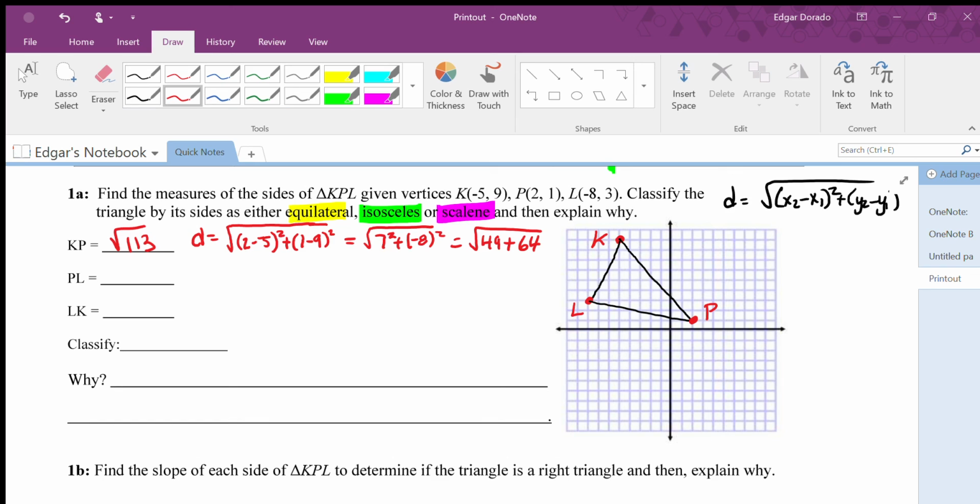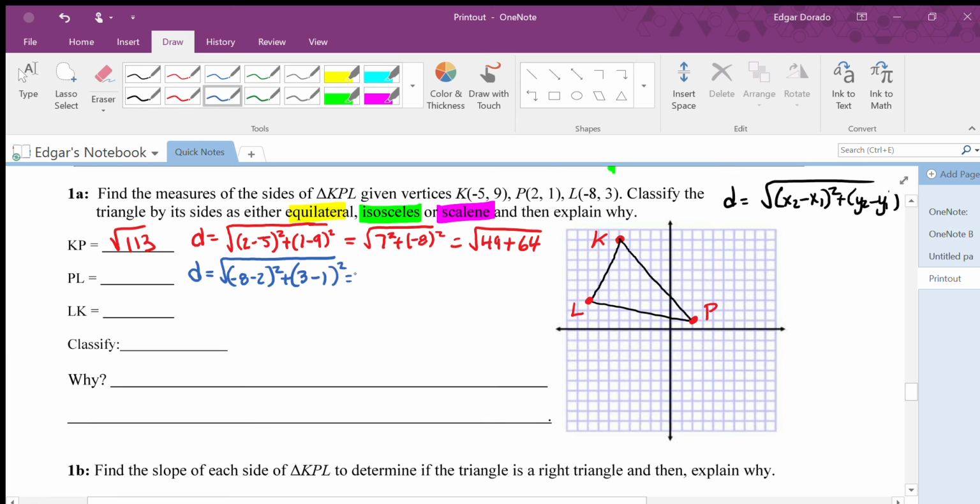All right, let's calculate the distance of PL. I just like doing this because it speeds up the process a little bit. So P is my x1, y1. L is my x2, y2. So we have negative 8 minus 2, and then we have 3 minus 1.